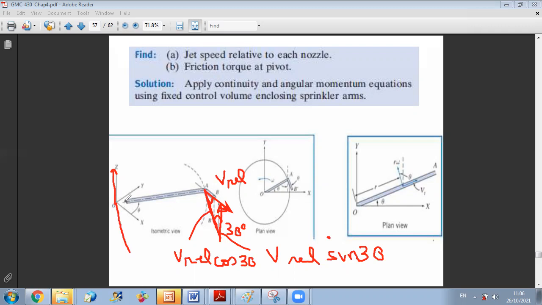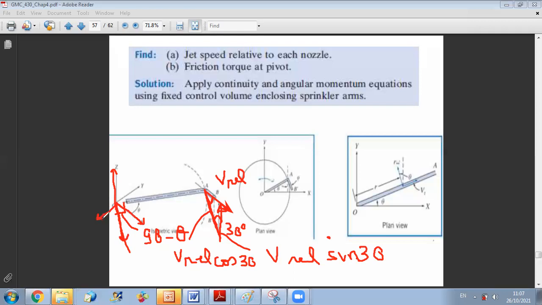And since OA makes an angle theta with the x-axis, this line makes an angle of 90 minus theta with x. So the velocity projection on the horizontal plane, V relative cosine 30, can be decomposed into a positive x component and a negative y component.